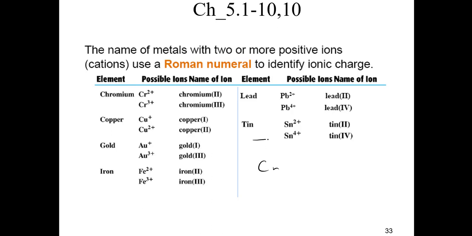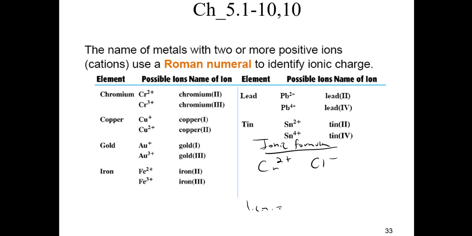Now the rest is pretty straightforward. If I'm trying to figure out the ionic formula, and I start off with a chromium 2 plus, and I have a chloride minus, then that's pretty straightforward. You can use one of two methods. You can use the charge balancing method. In this case, you can find the least common multiple.